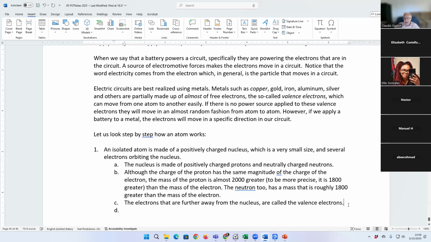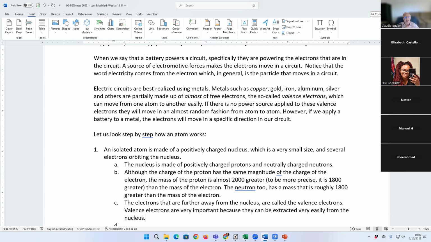Okay, valence electrons are very important because they can be extracted very easily from the nucleus.